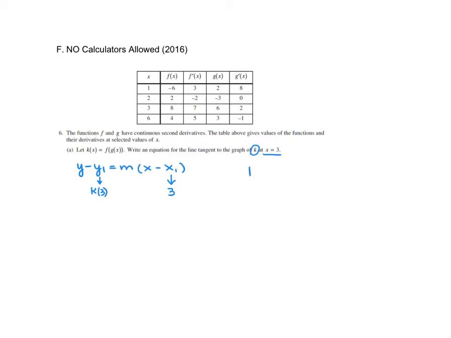And since it's given k of x is equal to f of g of x, when we plug in 3 for x, we have this. So g of 3, so when x is equal to 3, g is 6.